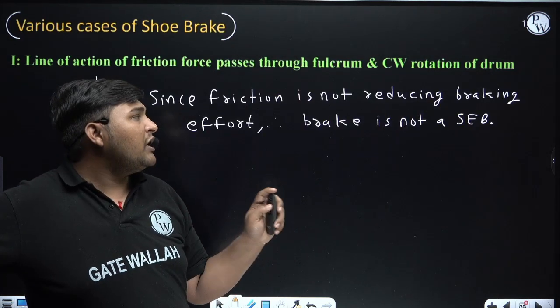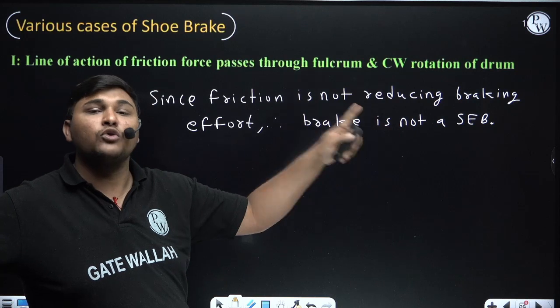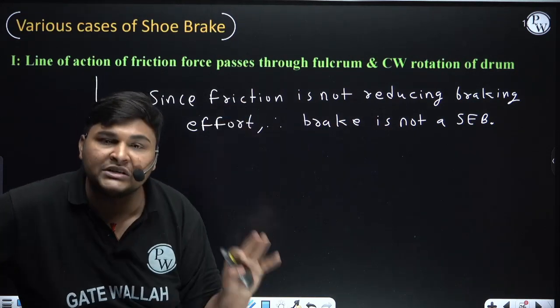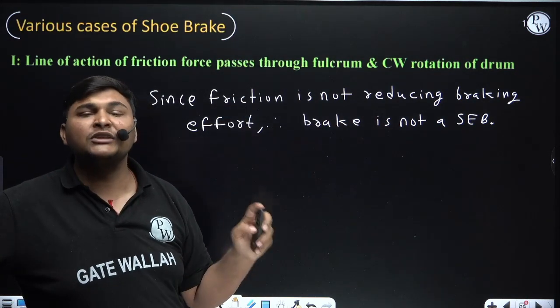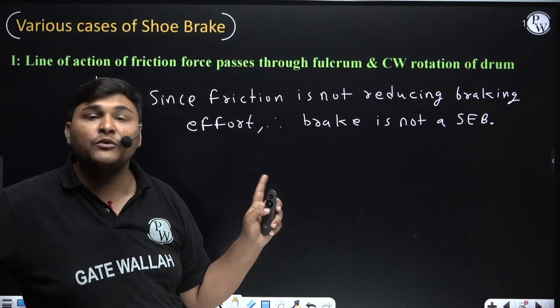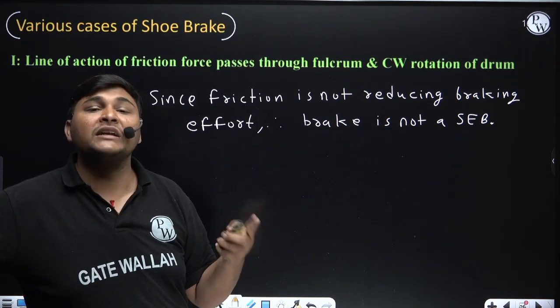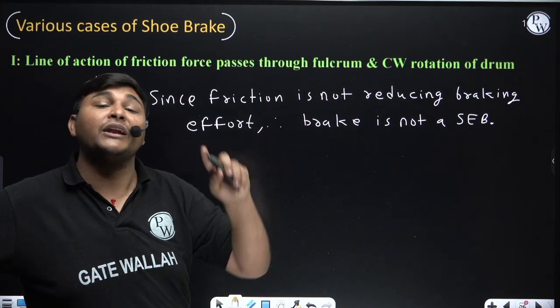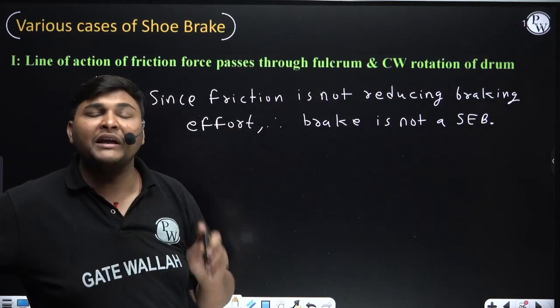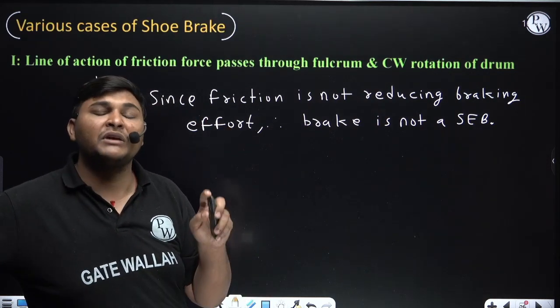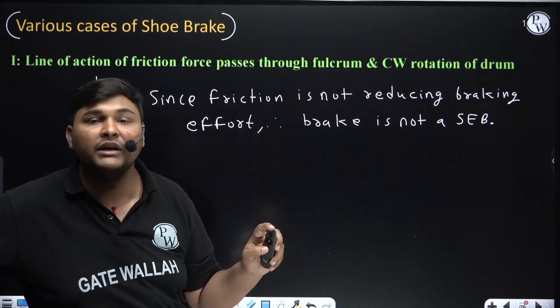If any brake is not self-energizing, you can also say that brake can never go into self-locking condition, because no part will reduce the braking effort. If no part is reducing braking effort, it can never become 0 or negative, and so the brake can never go into self-locking condition.